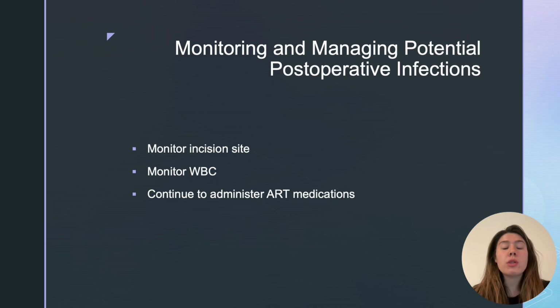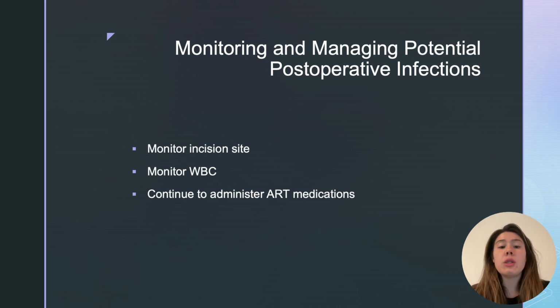We also want to monitor his white blood cell count and his platelet count to make sure that his coagulation is fine and that he will not hemorrhage, and that for the white blood cells, so that he can heal well, because those are affected because he is HIV positive.